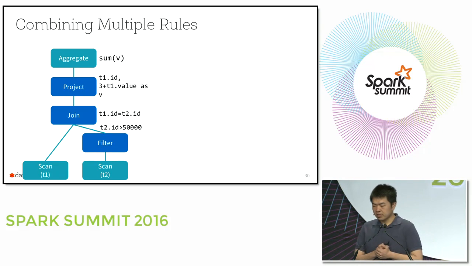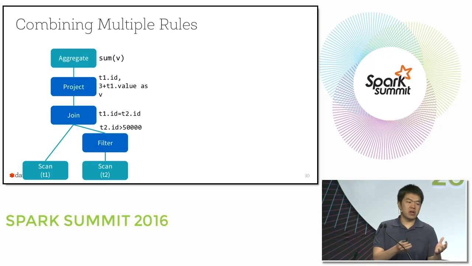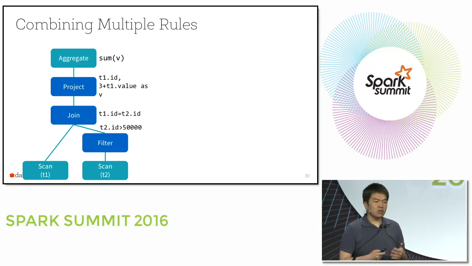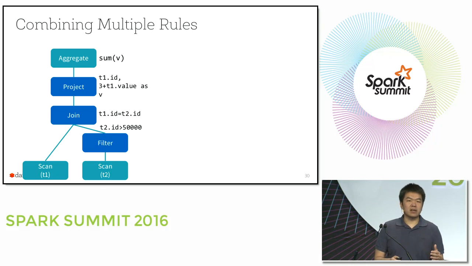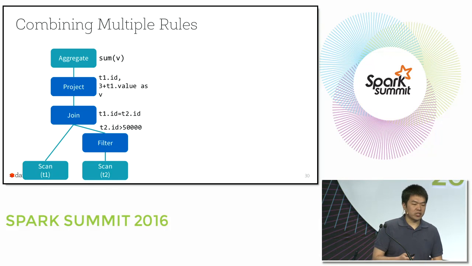Looking at this tree, you probably notice that we only use certain columns. Say for table T1, we only use columns ID and value, and for table T2, we only use the column ID. So it's better to specifically say we only want these columns, to help Spark understand that we don't need other columns and to avoid unnecessary operations.